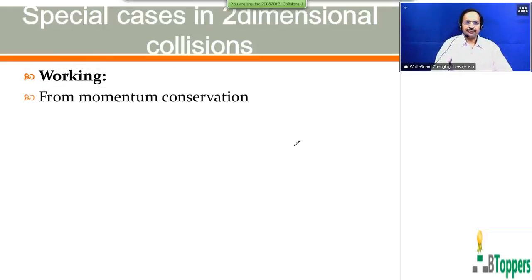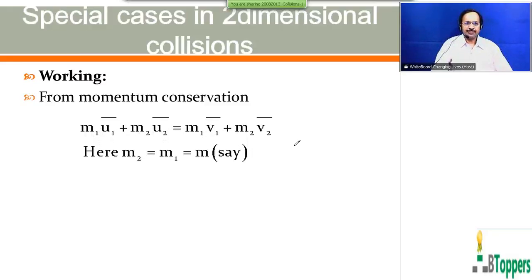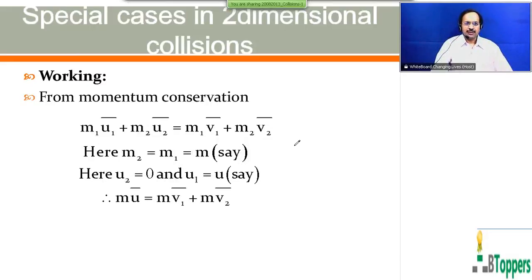So I am going to show the working for the conclusion. From momentum conservation, m1 u1 bar plus m2 u2 bar equals m1 v1 bar plus m2 v2 bar. Here m2 equals m1 equals m. Let us suppose u2 is 0 and u1 equals u. Therefore, if you substitute u2 equals 0, m1 equals m, m2 equals m, u1 equals u, we get m u bar equals m into v1 bar plus m into v2 bar.